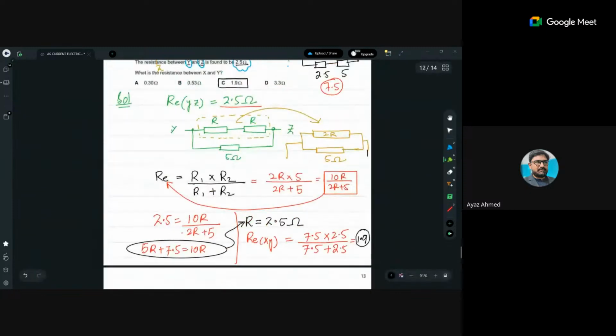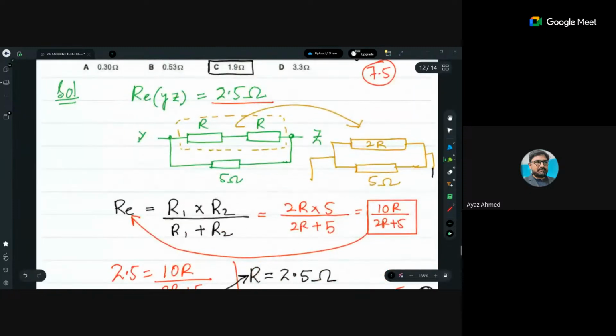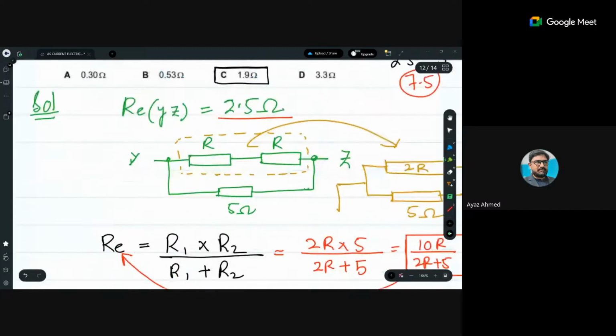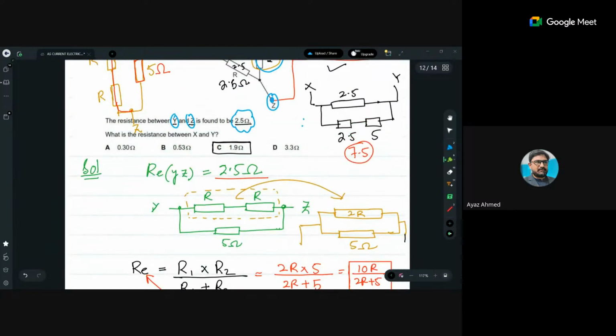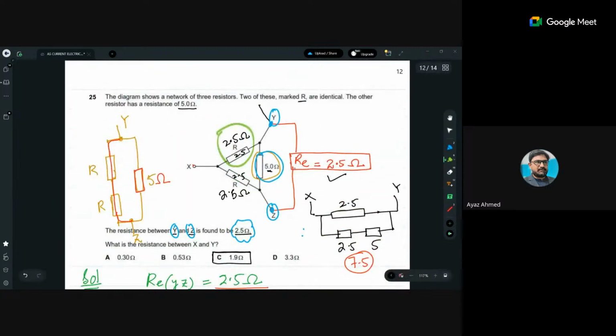That's why I have selected some questions which are really horrible for the students. So I just divided the circuit into some parts. First of all, R equivalent between Y and Z is 2.5. It is given to you. What does it mean?